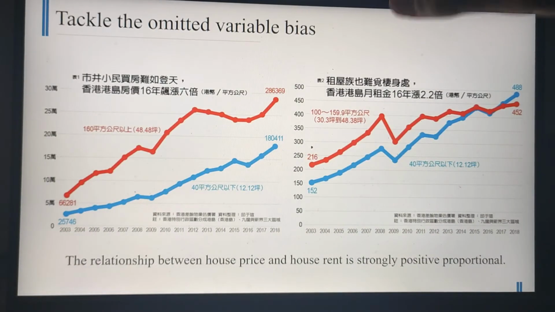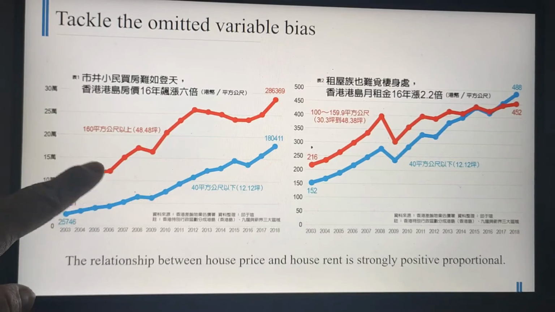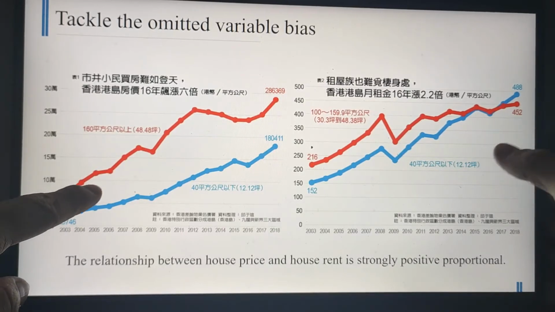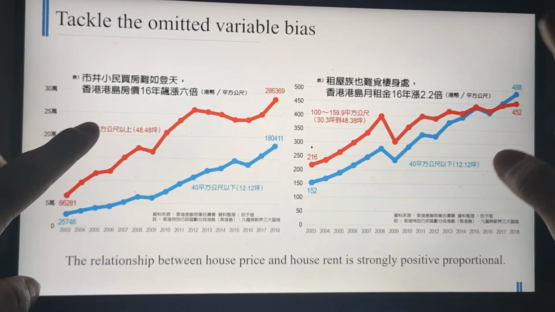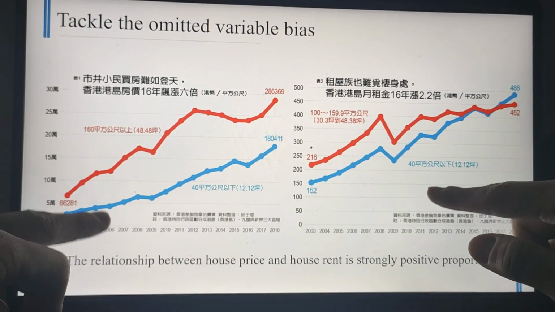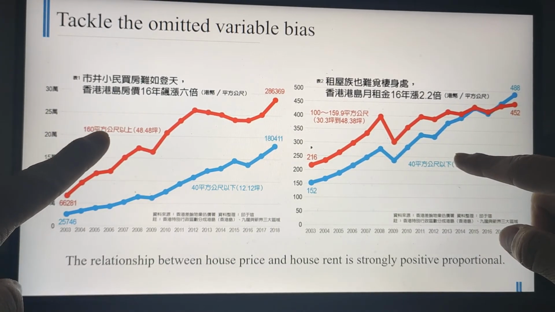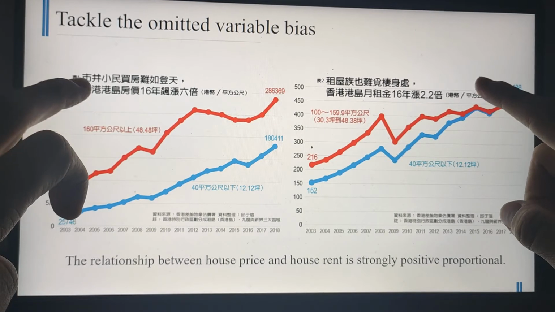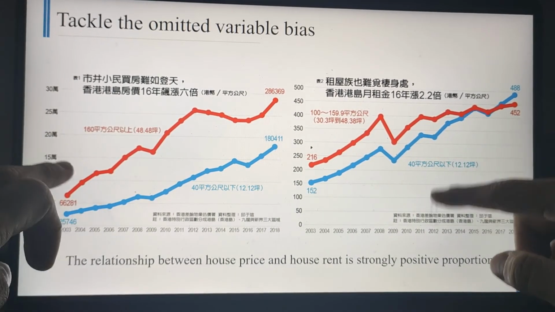So here we just find two graphs. The first one on the left shows the house price, and the second on the right shows the rent price. We can see in those two graphs, the price of the rent and the price of the house are quite strongly positively proportional.